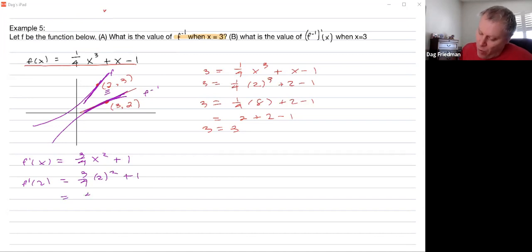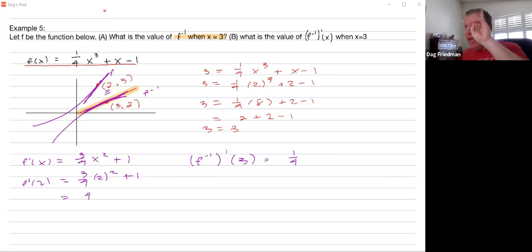Yep, it equals 4. So what does that tell me? What must be the slope of the tangent line to this graph? In other words, what must be f inverse prime at 3? Well, it has to be the reciprocal of this, which is 1/4.